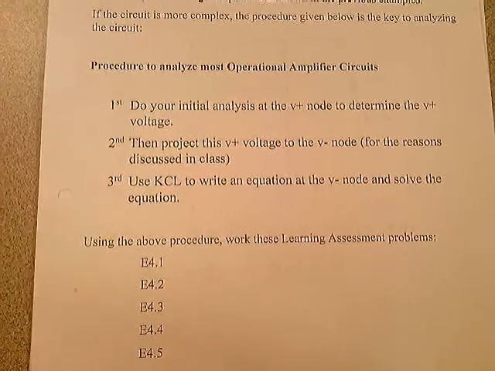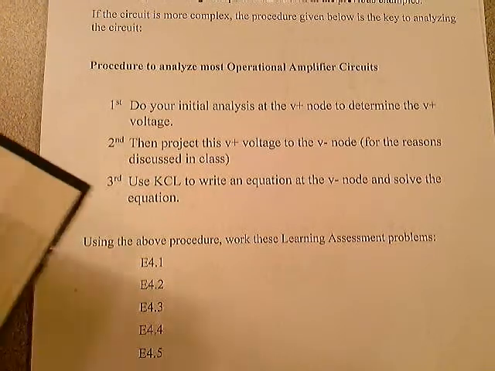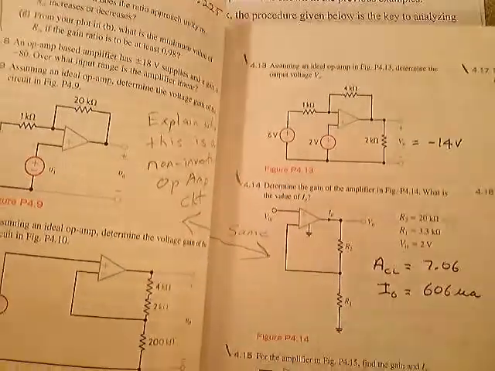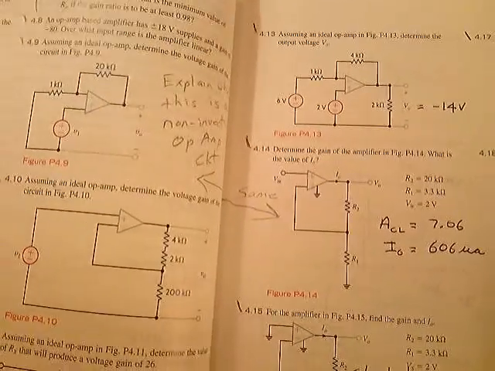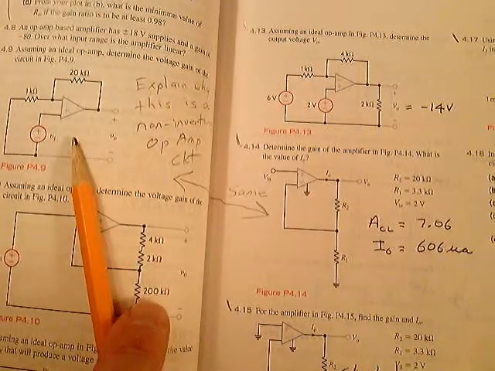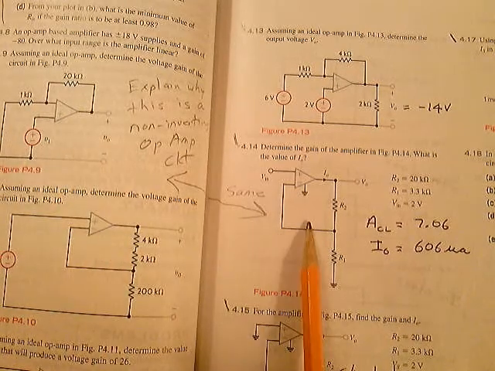Before we start working some problems, I told you that the first thing you're going to have to do is recognize what type of configuration you have. If you look at 2 of the homework problems here, here's homework problem number 4-9. Take a look at it. And here's homework problem number 4-14.